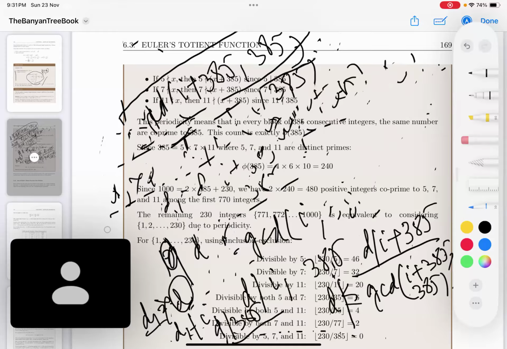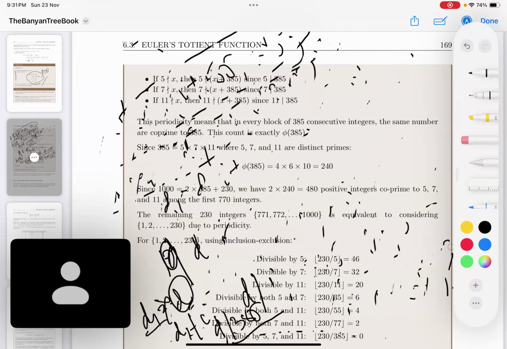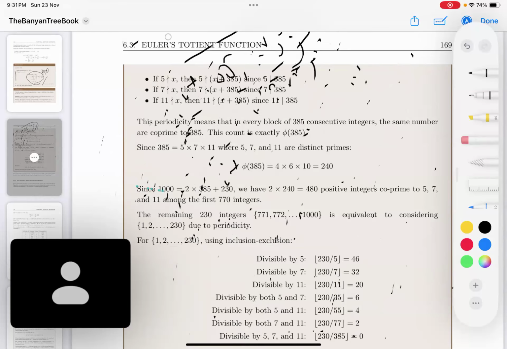Which means that if you are dealing with a congruence of any number, composite or prime, the co-primes form a cycle. Correct? Yes, sir.